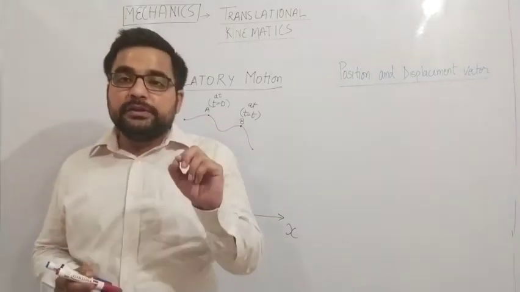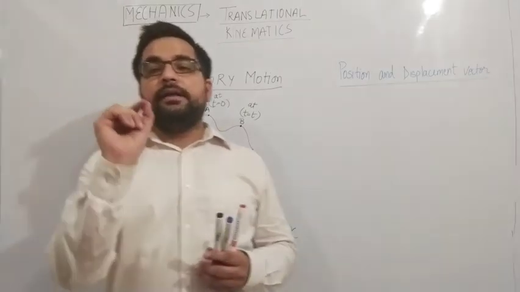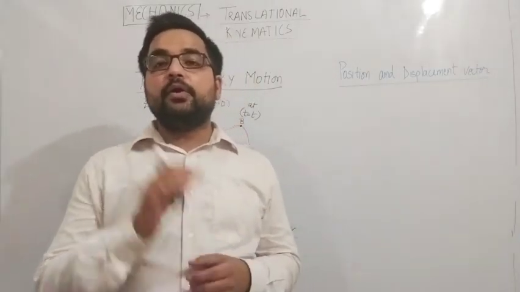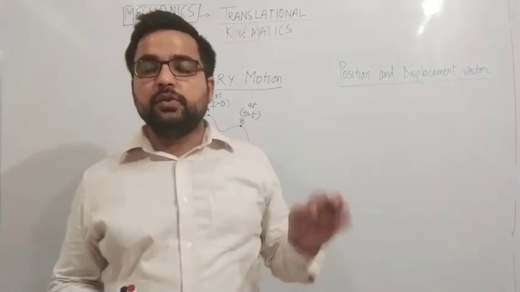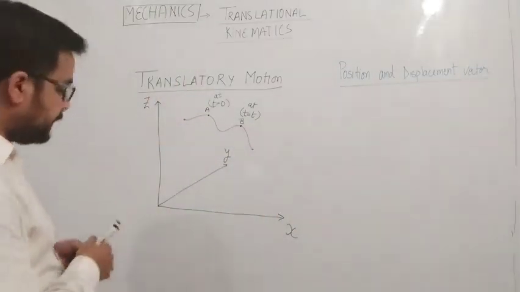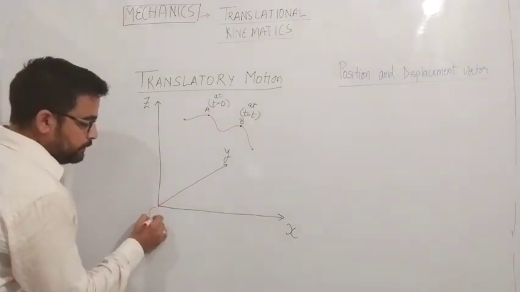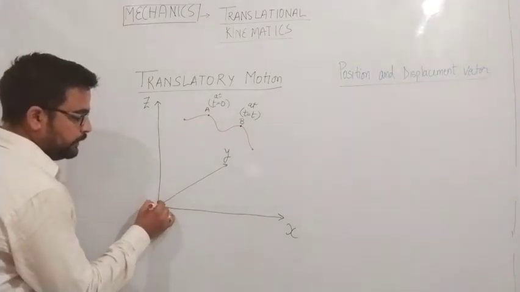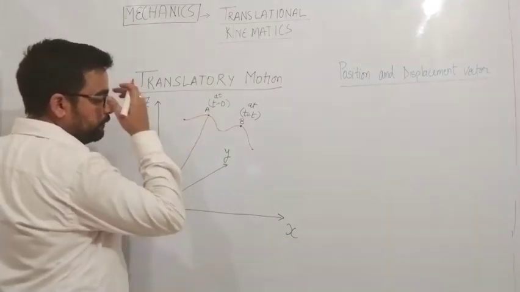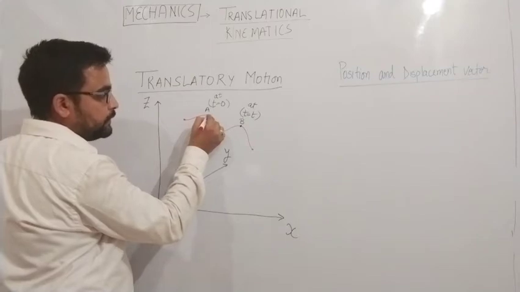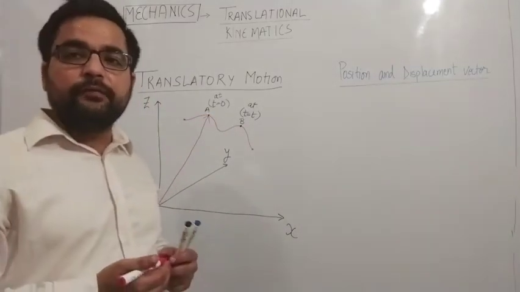But now when you say the coordinates, that means you are telling the coordinates according to some reference point, and that reference point is the origin. So here also we will use the reference point, we will take it as origin, and now we will join this origin with that point whose position we have to tell.